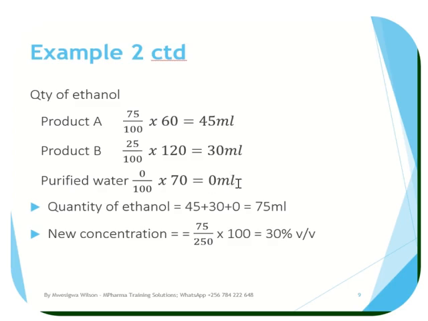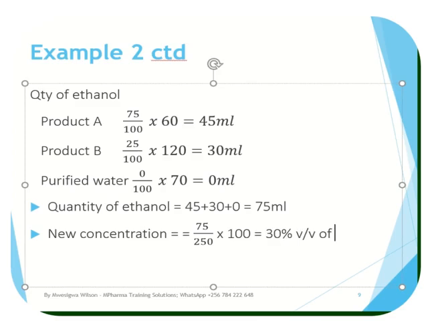We're getting 0 ethanol. So the total quantity of ethanol is that 75 mils, and the new concentration is 75 out of 250 times 100, giving 30%. Give us units. Okay? Volume per volume of ethanol.